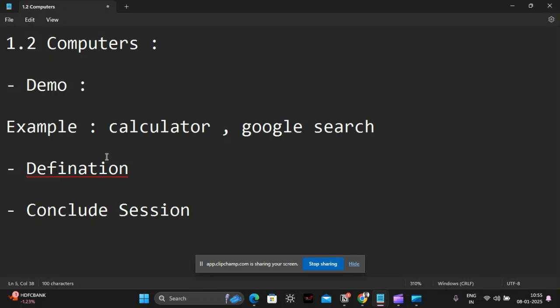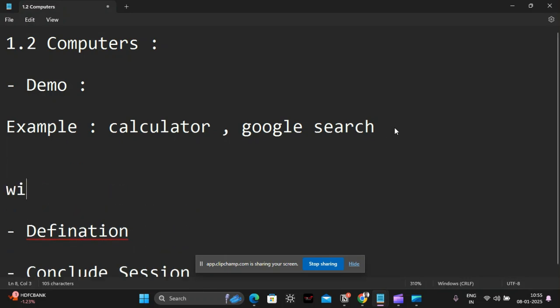In a Google search, you search something, Wikipedia. It is a computer, which is accepting the request, processing the data, sending the response, and giving you the desired information. So this is what we can call a computer.